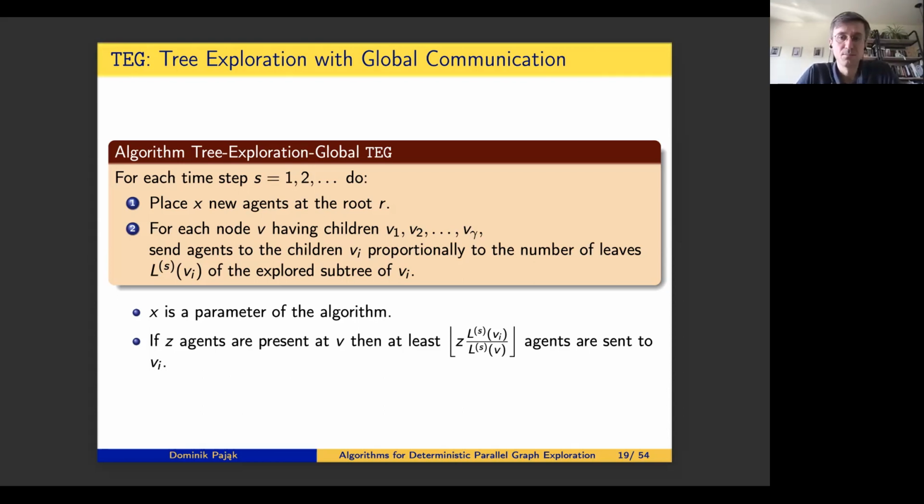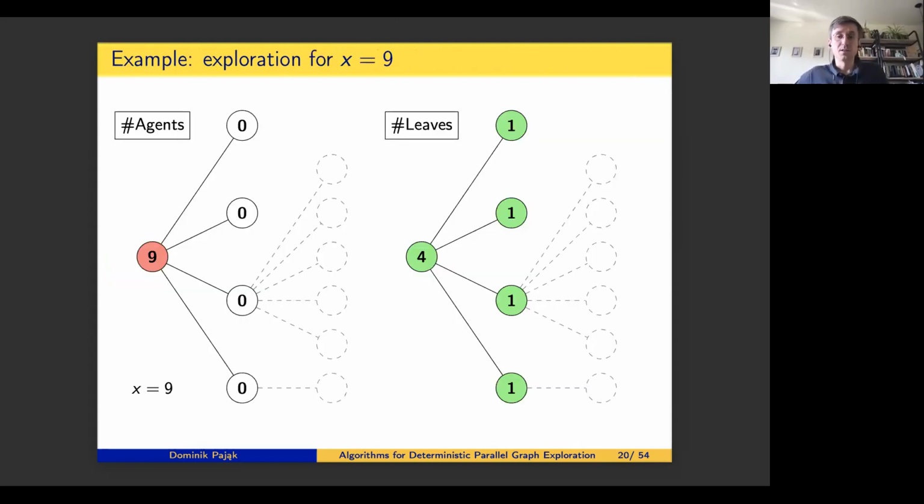This is a simple case, and assume that they have global knowledge, so they know everything that has been explored so far. They know the progress of exploration, and they split themselves proportionally to the number of leaves, which translates to the size of the tree that we know so far. And so this looks like this, more or less.